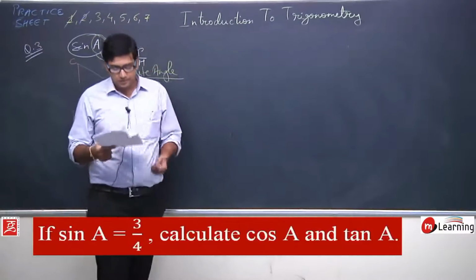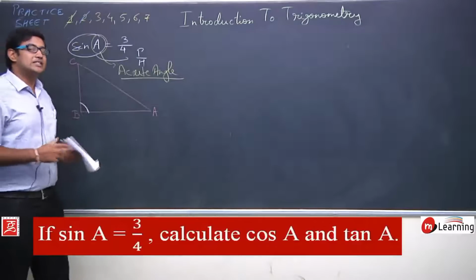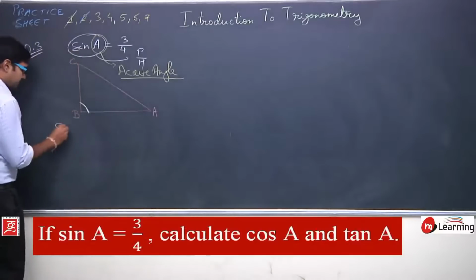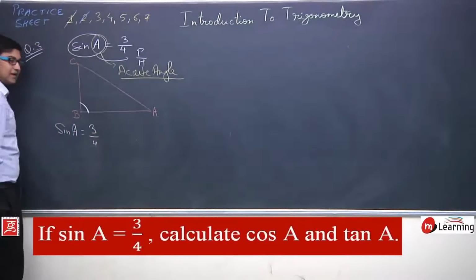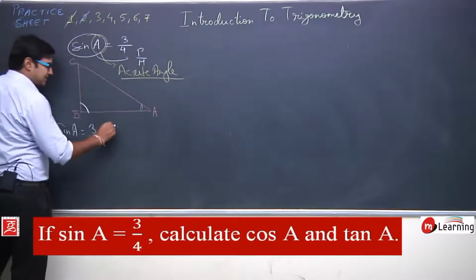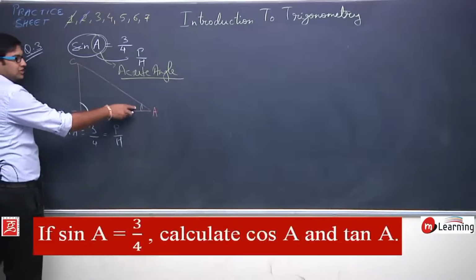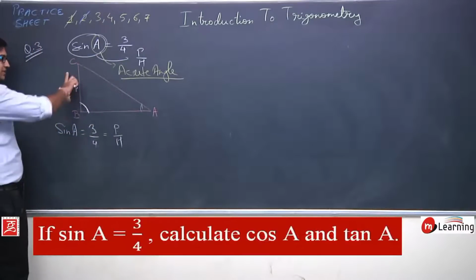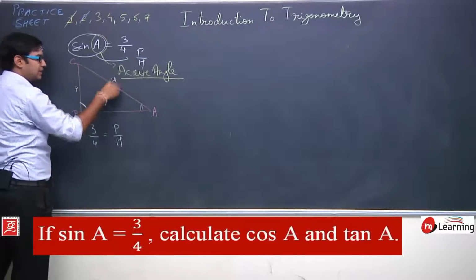Now moving further, it says sine of A is 3/4. Now what does this mean? Sine of A, first let us understand sine of angle A. This is angle A and sine ratio represents perpendicular upon hypotenuse. So with respect to this angle, what is perpendicular? This is the perpendicular, this BC, and what is hypotenuse? Definitely AC is the hypotenuse.